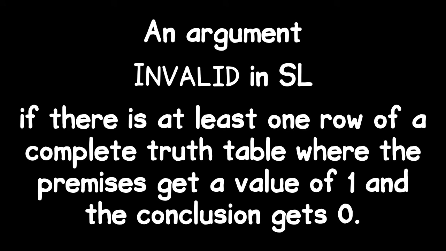That gives us a test in SL. An argument is invalid in SL if there's at least one row of a complete truth table where the premises get a value of 1 and the conclusion gets a value of 0. To evaluate the argument, we put all the sentences together in the same truth table, and we look to see whether there's a row where the premises get 1 and the conclusion gets a 0.